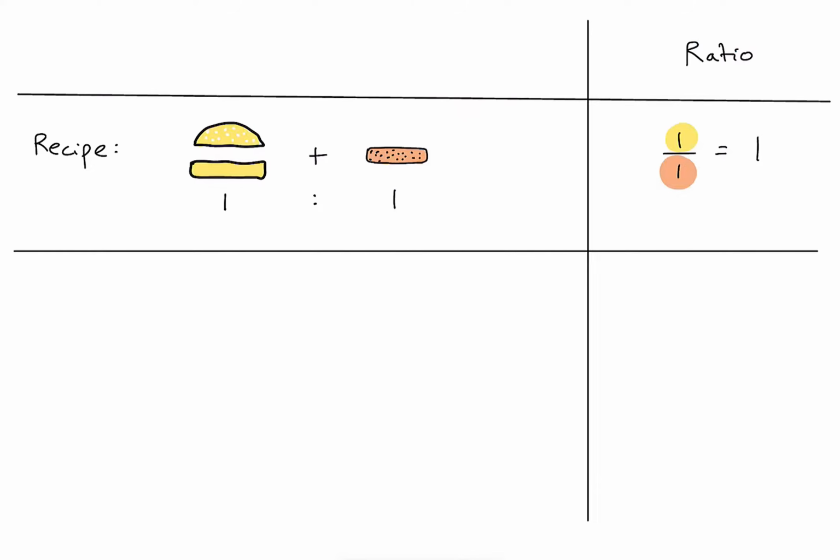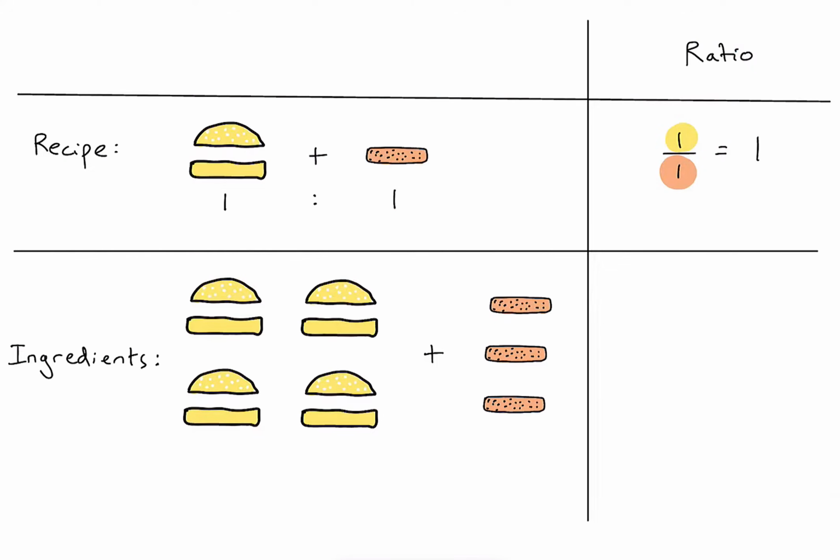So if we now compare that ratio with the ratio of the ingredients we were actually provided with, which was 4 buns and 3 patties, so a ratio of 4:3, we're now going to express that ratio as a single number by doing the same thing again. This time I'm going to do 4 divided by 3, which gives me an answer of 1.33.